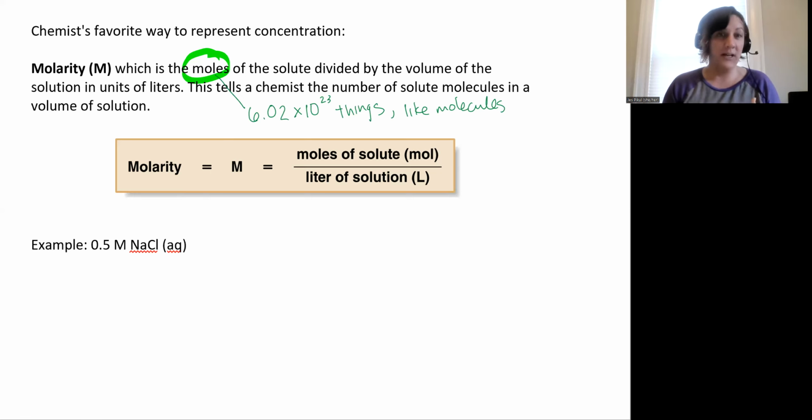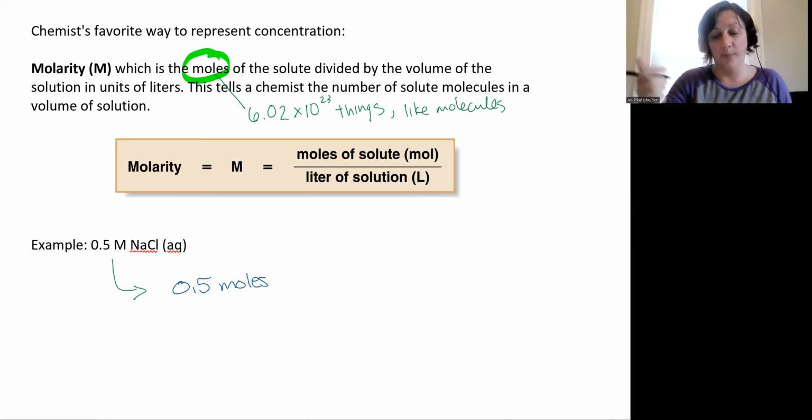So here's an example of how you could see molarity used. You might see a solution labeled as 0.5 molar sodium chloride, and it would be aqueous. And so this 0.5 molar means 0.5 moles of our solute, which will always give the concentration in reference to the solute molecule.